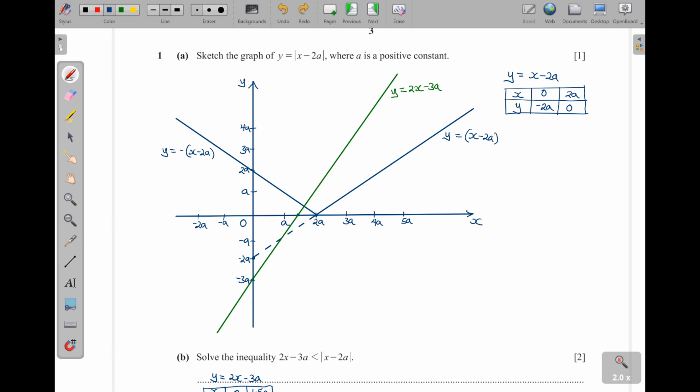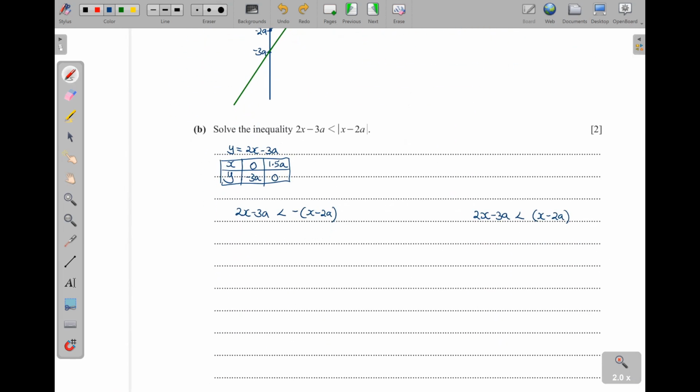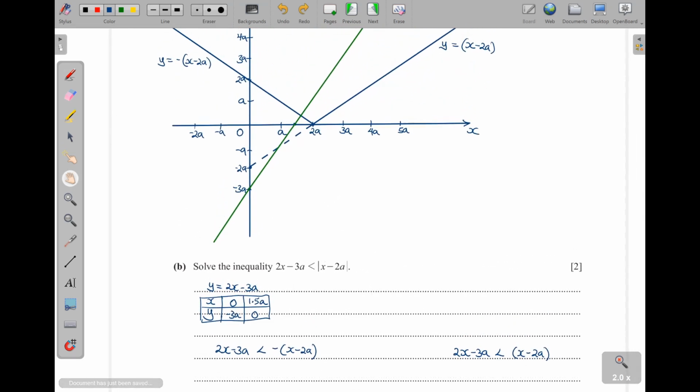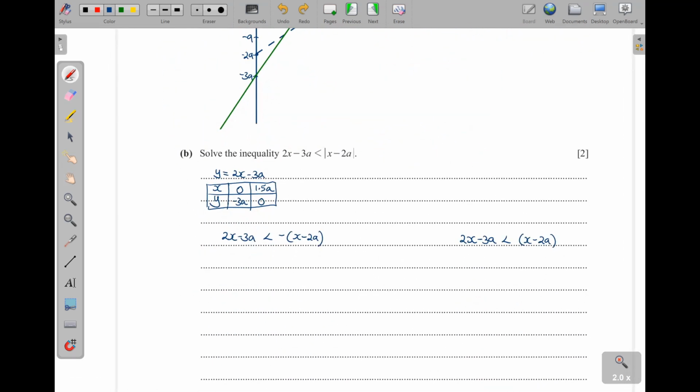That's what I mean. Now, here, using my sketch, it is clear that these two graphs, these are the ones that are meeting. This line here is meeting the negative part of the, or the reflected part of the other modulus function. So I then solve this one the same way we solve inequalities. So less than, when I open the brackets, this will be minus x, then plus the 2a.